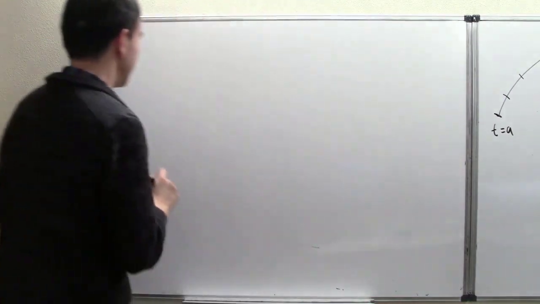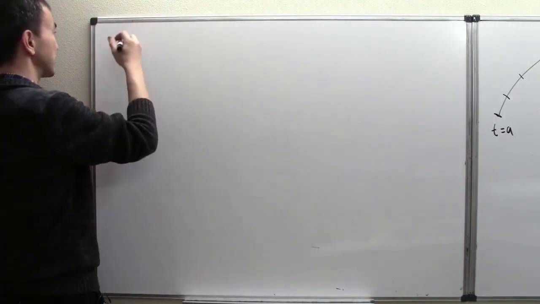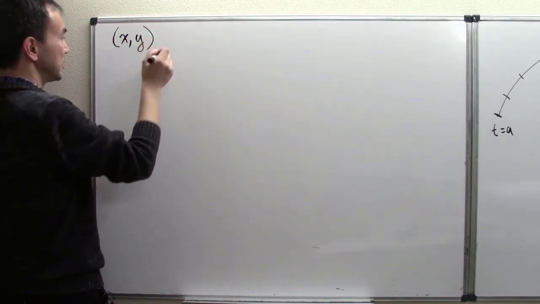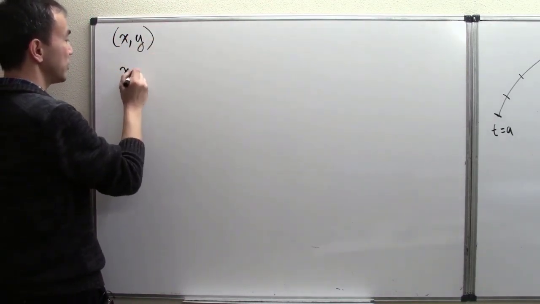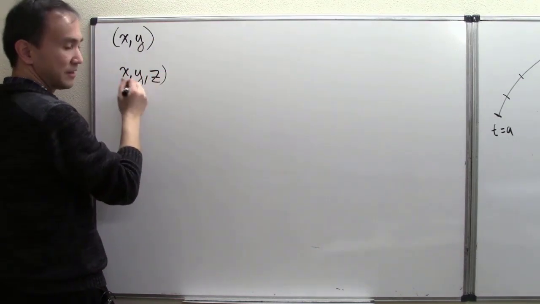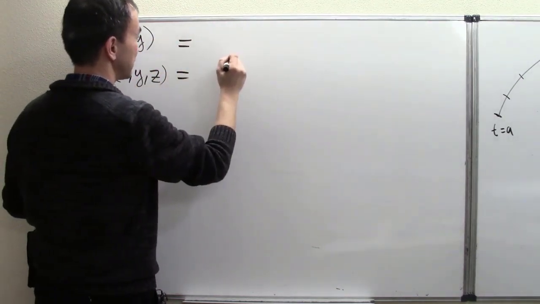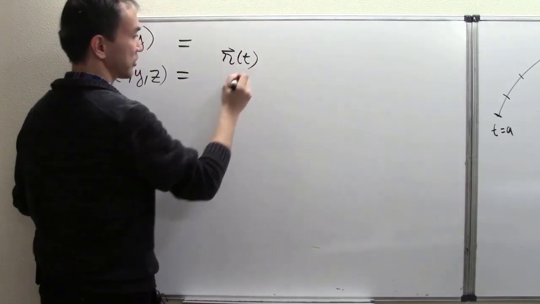And so at this point, generally speaking, a point in 2D space or a point in 3D space can be equal to a vector valued function r of t.